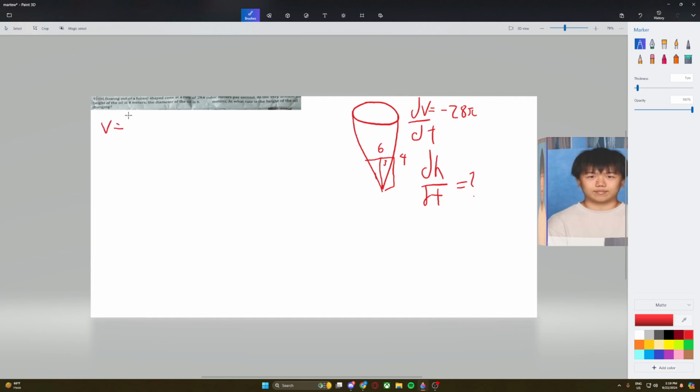V equals 1/3, wait, what's the volume of a cone? Alright, so yeah, it's 1/3 pi r squared h.